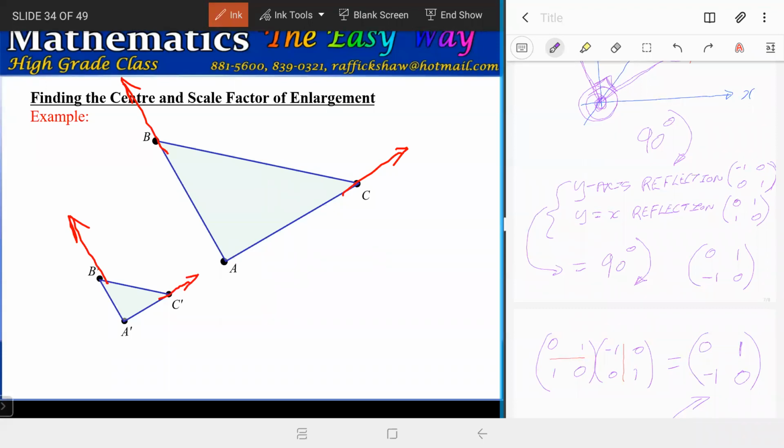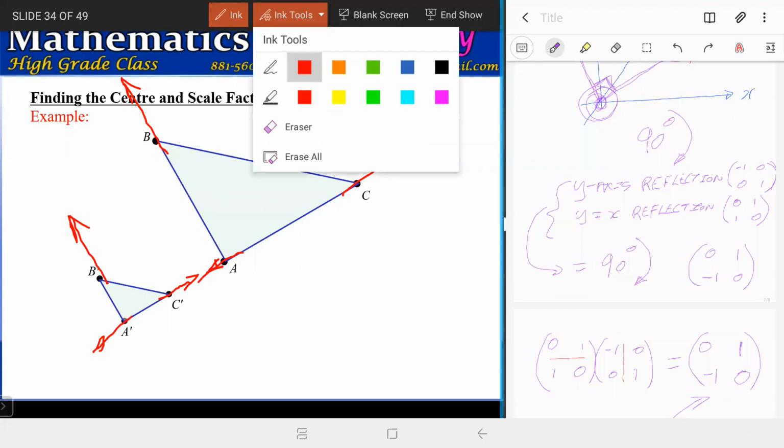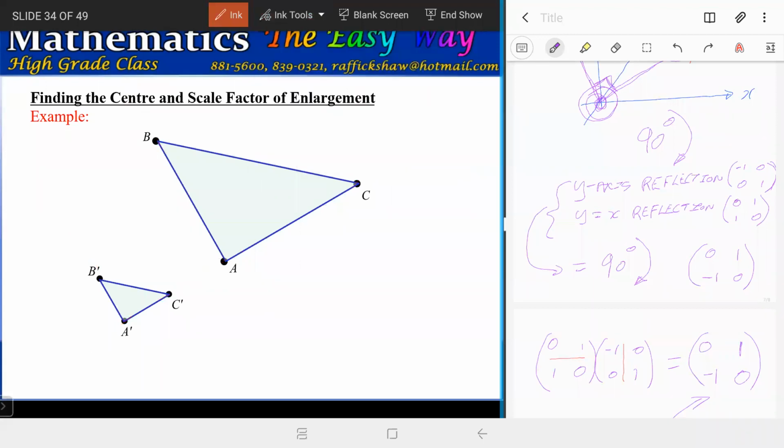A is pointing down, A prime is pointing down. So the corresponding points are pointing in the same direction. See it? This is not inverted. If they were pointing in opposite directions, then you would know that the scale factor is negative. So write the sign of the scale factor: positive. Positive scale factor, and it's a fraction. So I'm supposed to get a positive fraction.